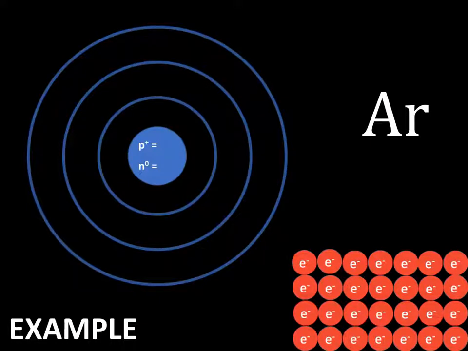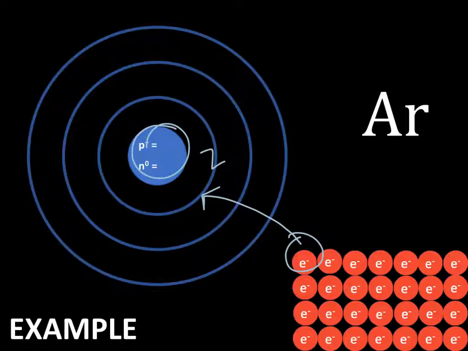Your assignment will look like this. It's a PowerPoint, and you're just going to complete the PowerPoint and then save it and submit it. So in the nucleus, it's a text box. You will just click in that box and type in the numbers of protons and neutrons. For the electrons, you're going to place them on the energy levels. Remember, the first energy level can hold up to 2.